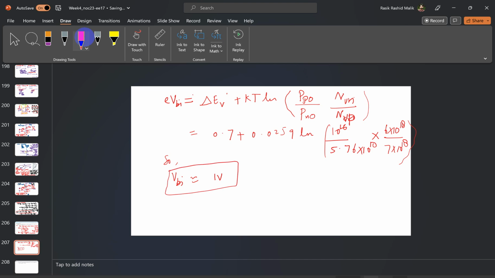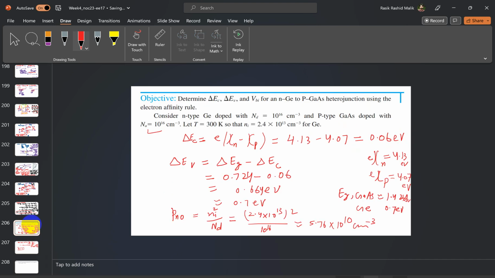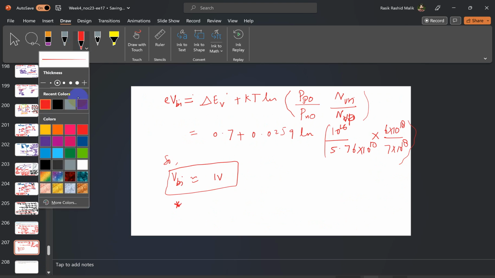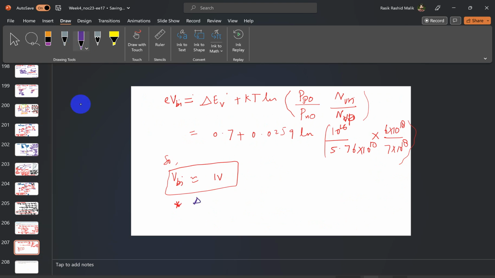And you have to understand here that delta EC and delta EV are different, as we have calculated. Delta EC is very small and delta EV is very high, 0.7. What I am trying to say is that the potential barrier seen by electrons and holes will be different. So this non-symmetry does not occur in the case of homojunctions. The point to be noted here is that we have delta EC and delta EV different, non-symmetry.